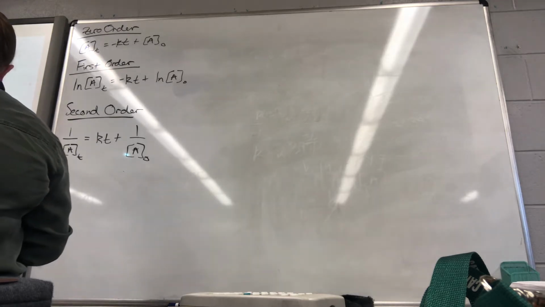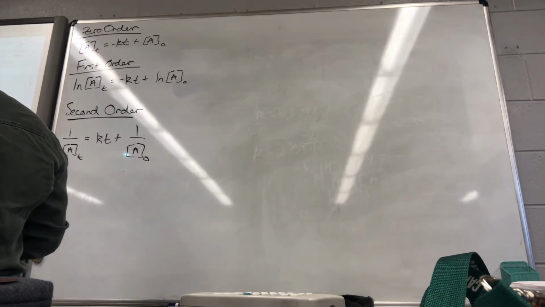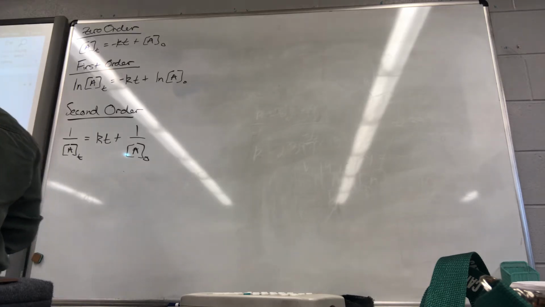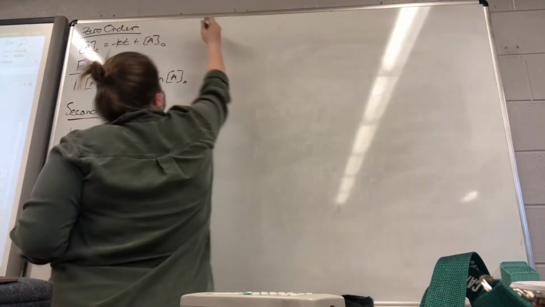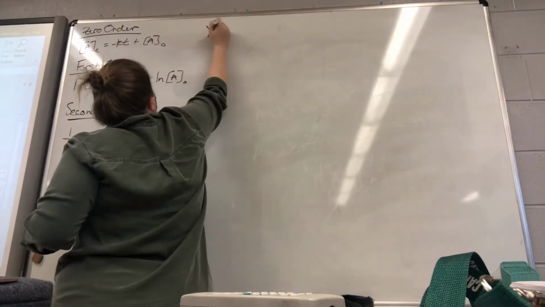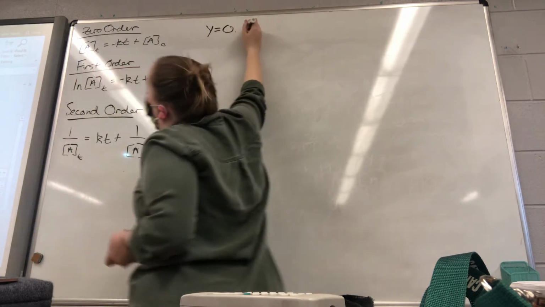So last week we saw that the natural log graph was close, but the second order data was perfect, I believe. So we're going to use this to interpret a second order reaction.